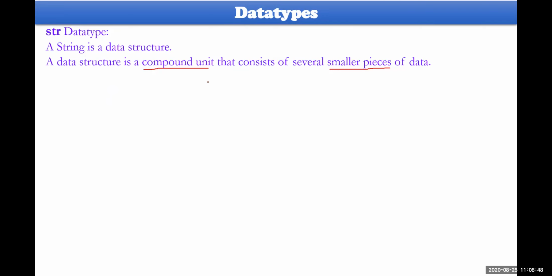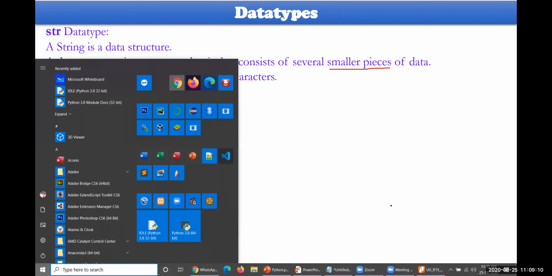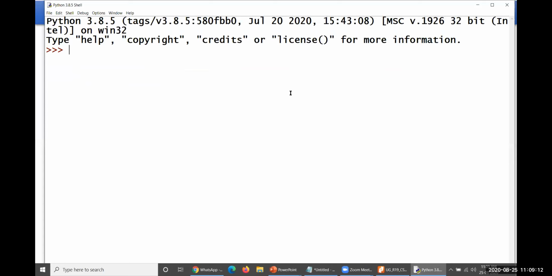Normally an array is a data structure which could take similar kinds of elements, and a string might be a sequence of zero or more characters. You may take zero characters, or you may take more characters. Let me open this IDE, then you could understand. Let me give S equal to empty quotes, this is zero.